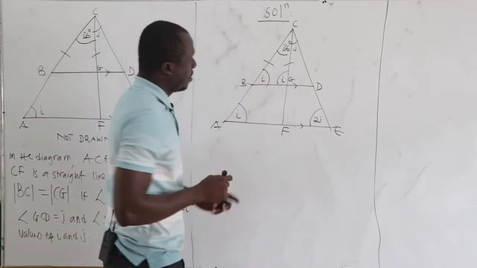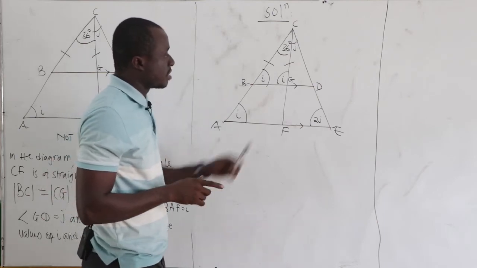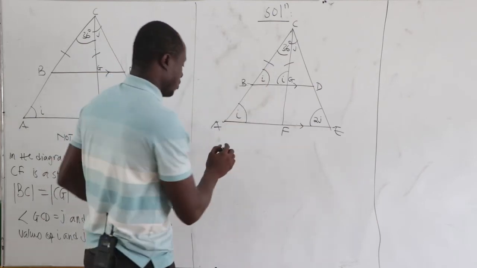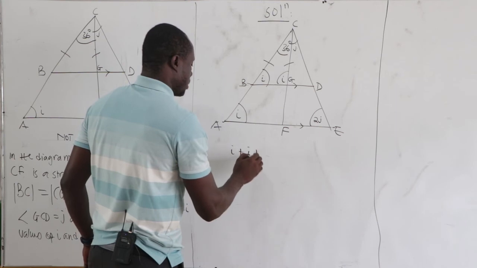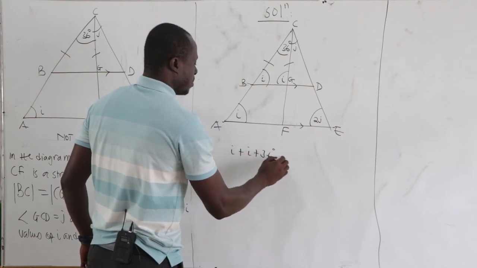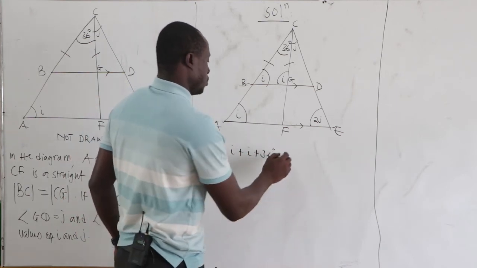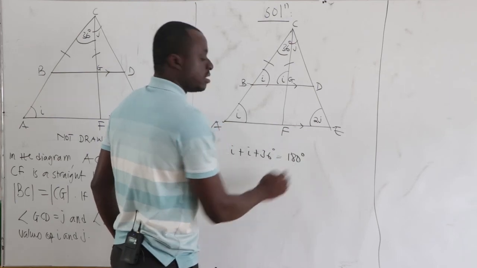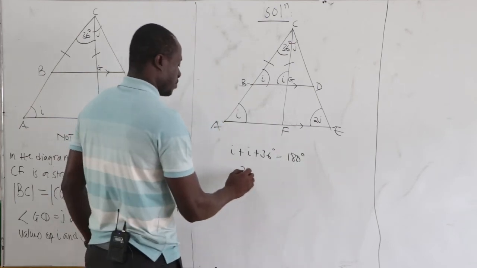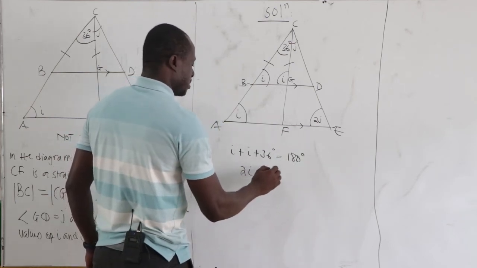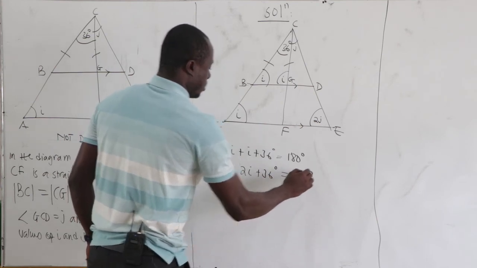So we have an isosceles triangle. The sum of angles in it is equal to 180 degrees. So I plus I plus 36 degrees is equal to 180 degrees. So we have 2I plus 36 degrees equal to 180 degrees.